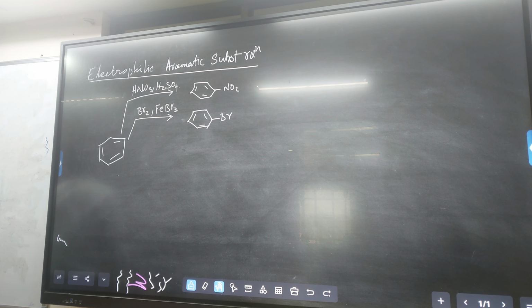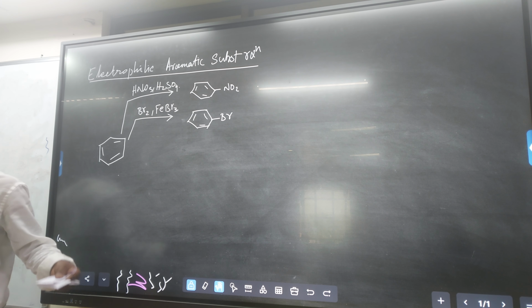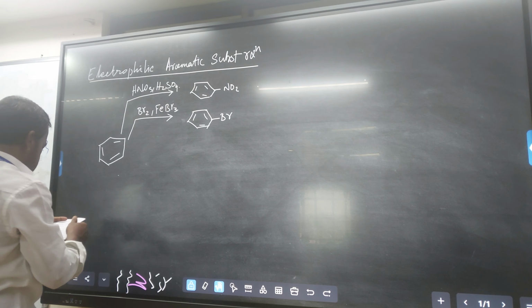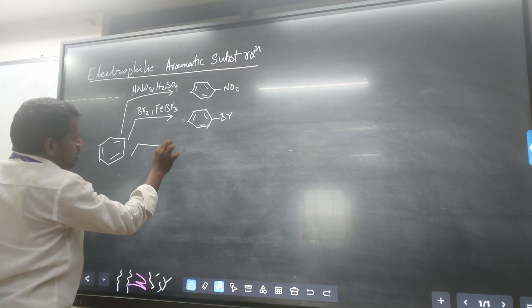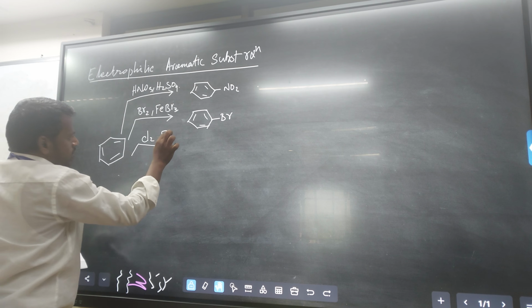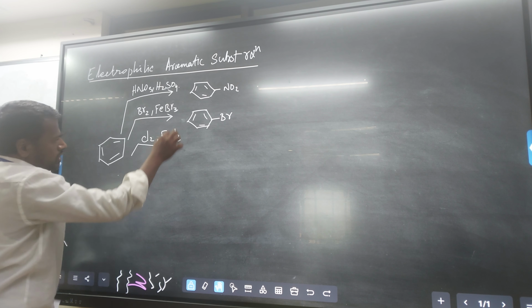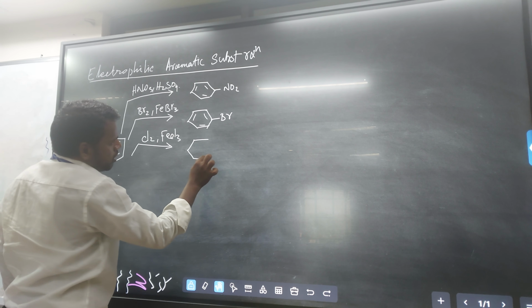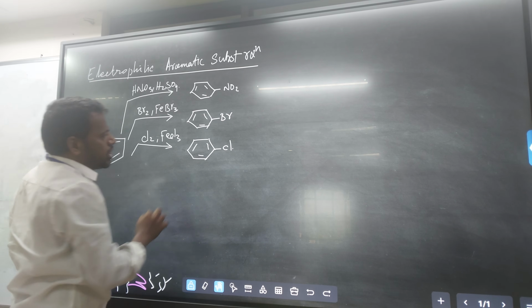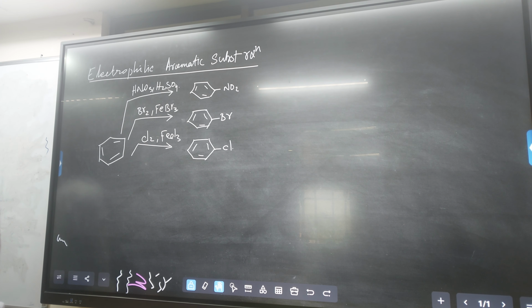Bromination. NO2 addition, nitration. Br addition, bromination. Next, similarly, Cl2 with FeCl3. The same reaction, but instead of bromine, Cl addition. It is a chlorination.